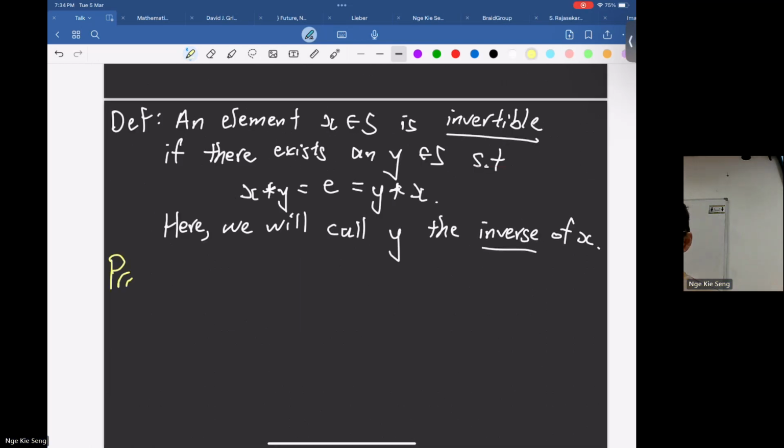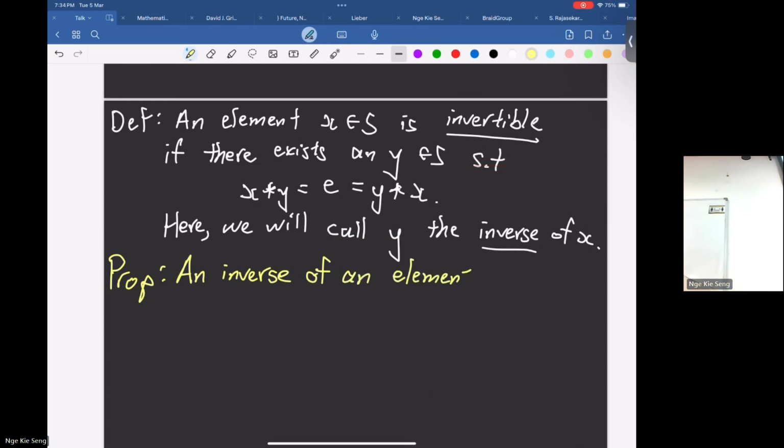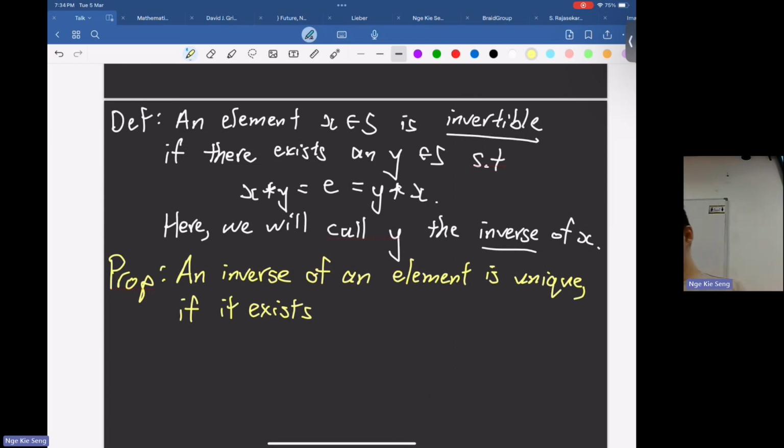And the inverse of an element is unique if it exists. It might not exist, right? For example, the zero matrix is not invertible. Okay, but some matrices are invertible. Okay, so how to prove this?